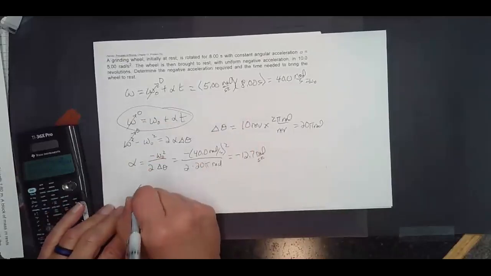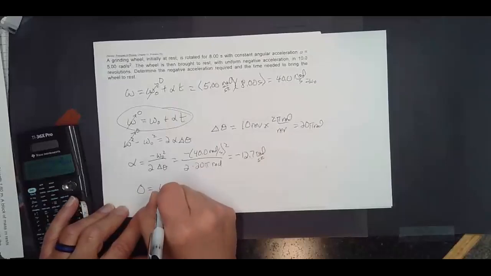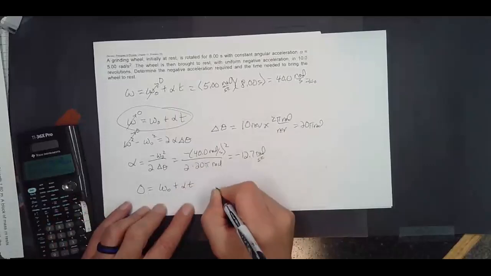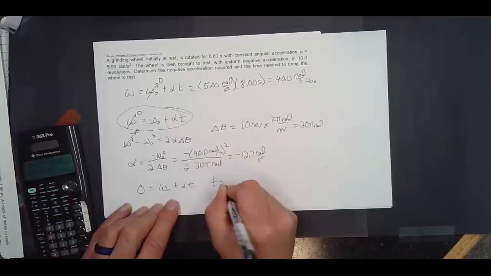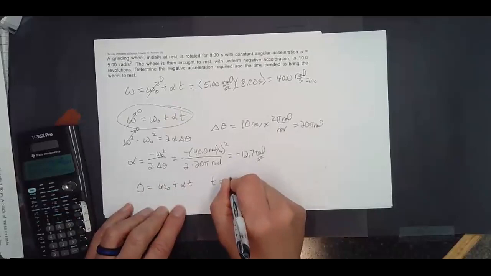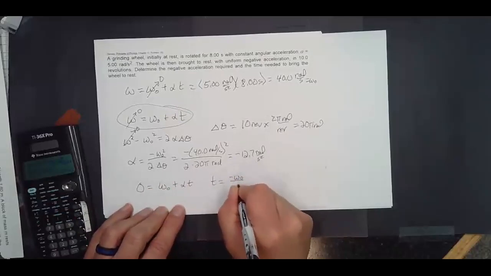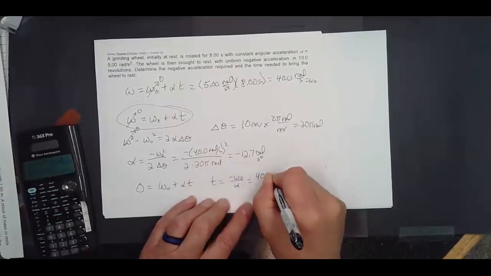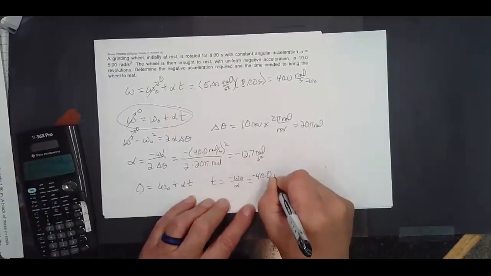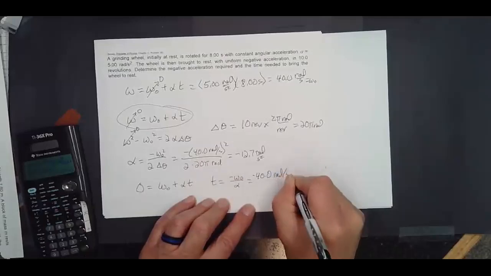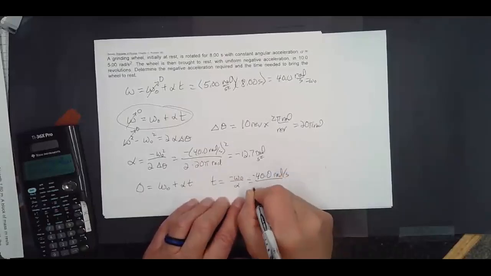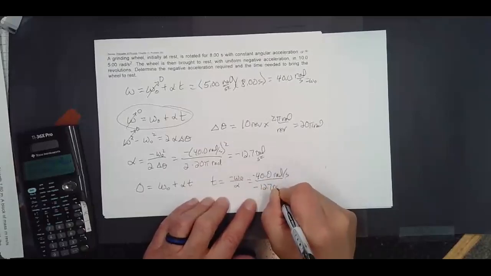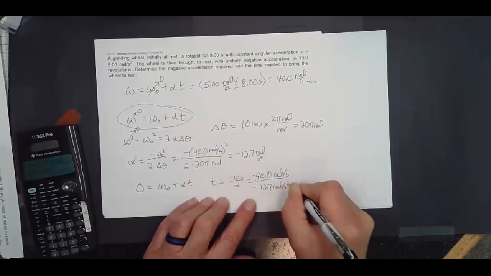I can say 0 equals omega naught plus alpha t, so t is going to be, kick that across, minus omega naught divided by alpha, which is minus 40.0 radians per second divided by minus 12.7 radians per second squared.